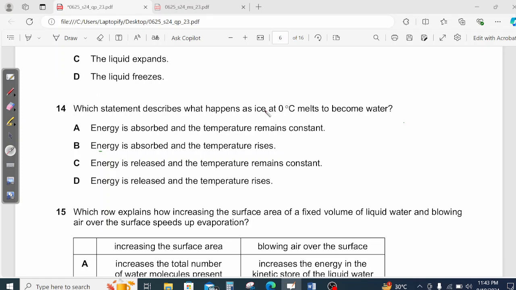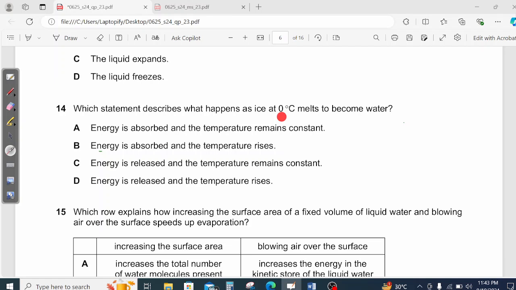If you place an ice cube in water, the temperature of the water will stay at 0 degrees Celsius until all the ice has converted into liquid. When all the ice has converted into liquid, the temperature of that water will start to rise.